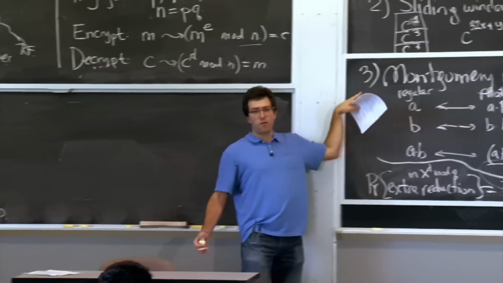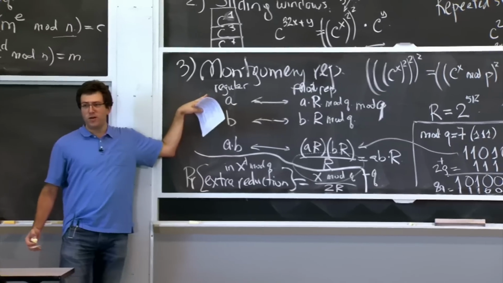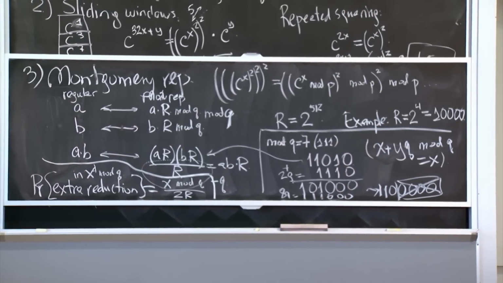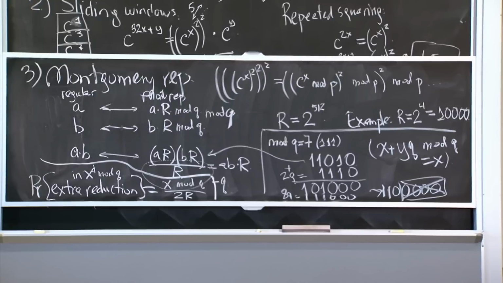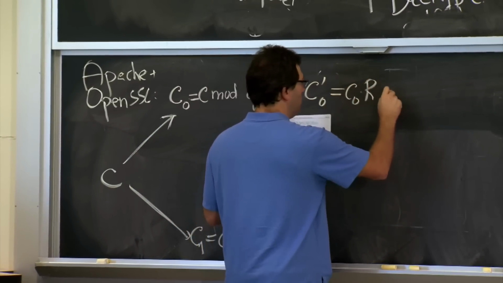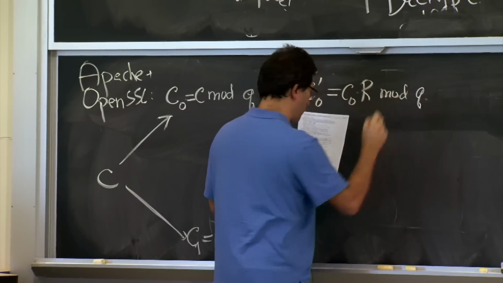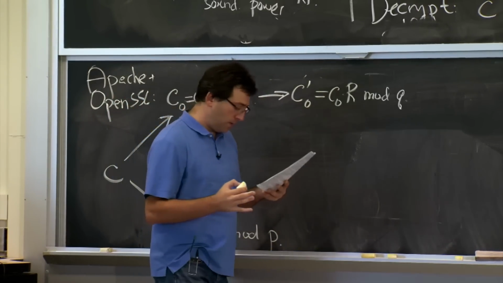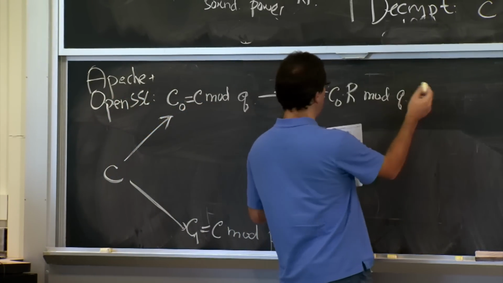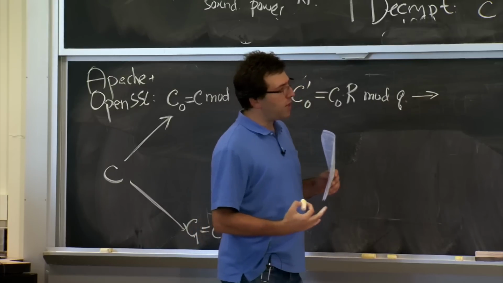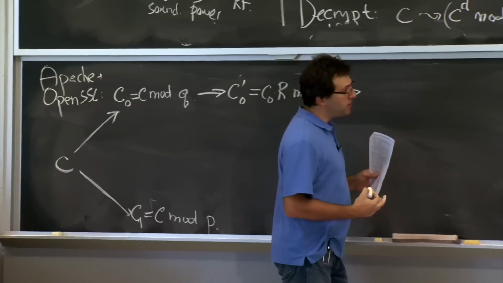We're going to switch into Montgomery representation because that's going to make our multiplies very fast. So the next thing OpenSSL is going to do to your number, it's going to compute, I'll denote it C0 prime, which is going to be C0 times R mod Q. And the same thing down here. I'm not going to write out the bottom pipeline. It's exactly the same. And now that we've switched into Montgomery form, we can finally do our multiplications.